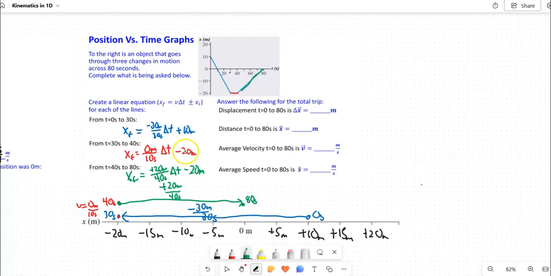And then, since you didn't move, the final position for that 10 seconds is 0 minus 20, which is negative 20. That final position here is your new starting position over here. So this is the starting position, it ended at negative 20. That'll make your new initial position. And this ended also at negative 20, which is your new initial position. And this is at 0.